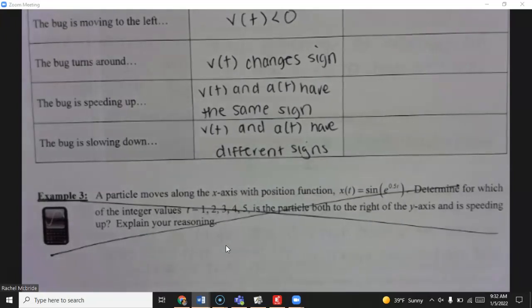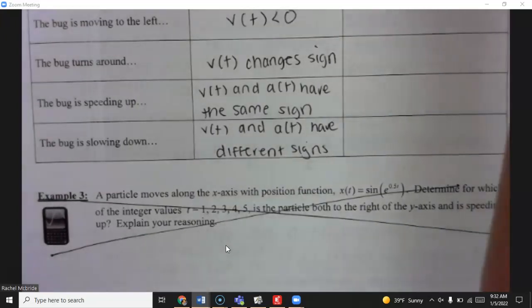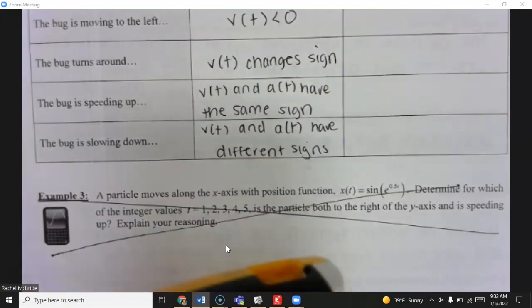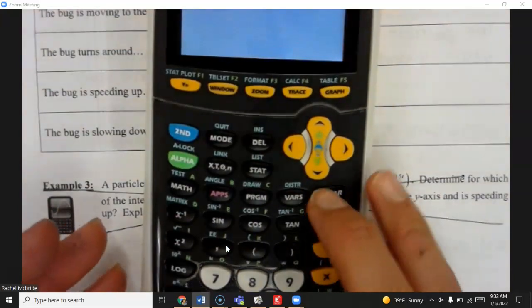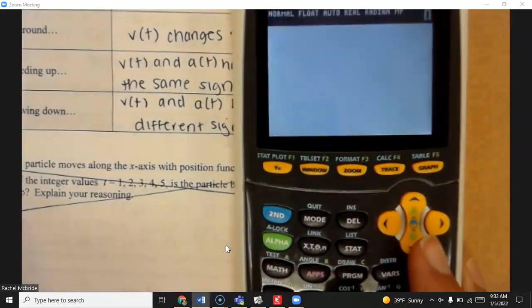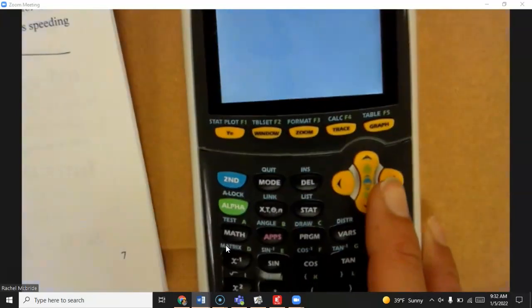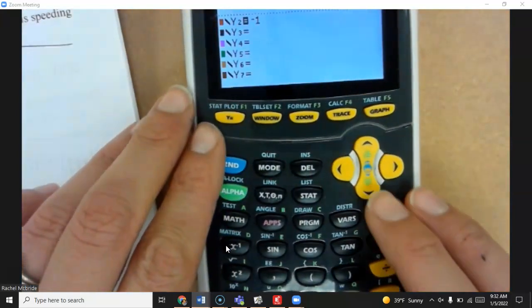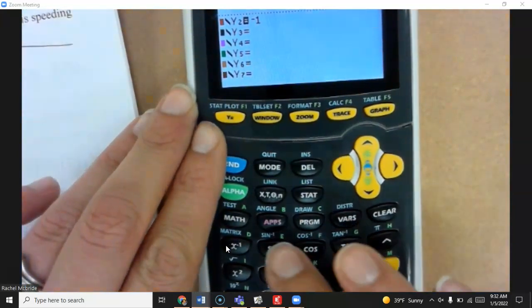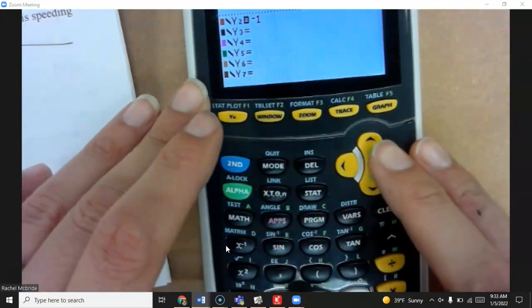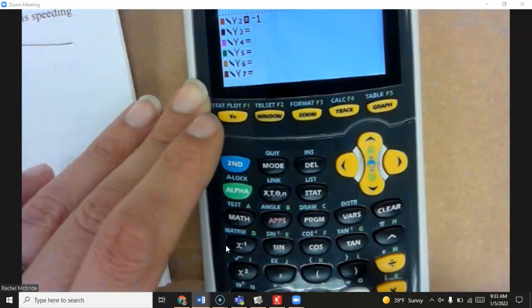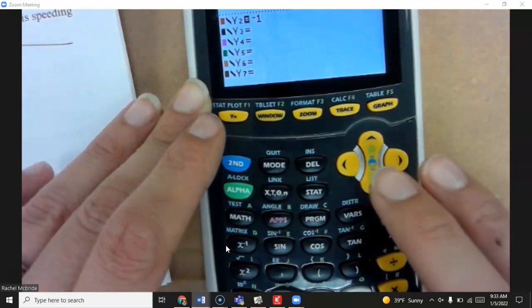The only thing I would want to show you is how you find the second derivative. I'll walk you through it quickly, without finding all of the points. In y1, you would type your original function, so sine of e to the 0.5x.